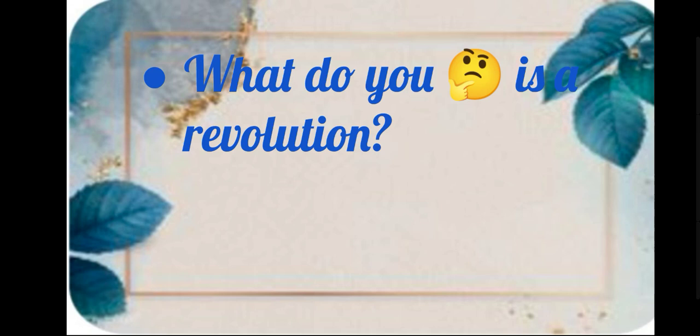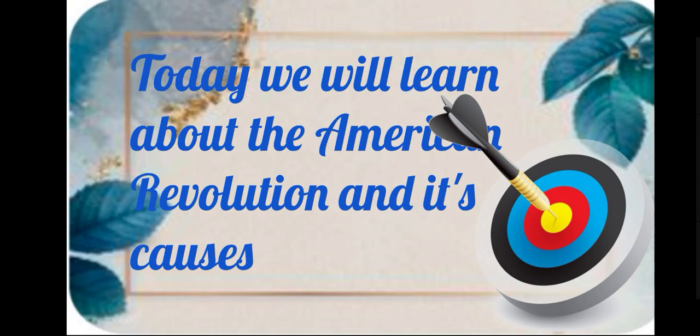When a group of people get together to overthrow a government or a social order in favor of a new system, it is known as a revolution. So today we will learn about the American Revolution and its causes. Got it? For that, you need to take out your worksheet.